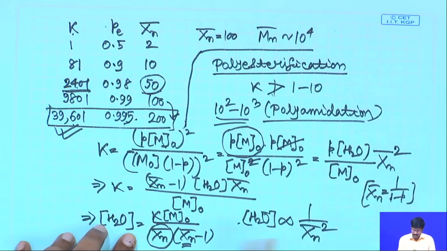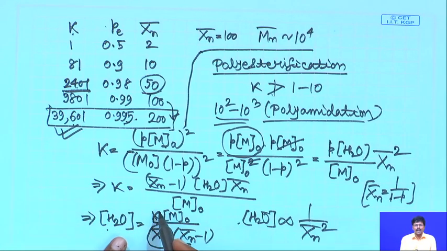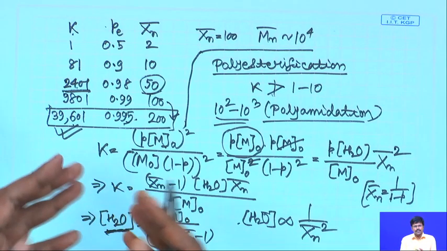So, what it tells you also is that if your equilibrium constant is higher, you can actually remove a lower amount of water to obtain the same high value of Xn bar, because this water concentration here is the equilibrium concentration. So, this K and water are actually varying in a similar way.